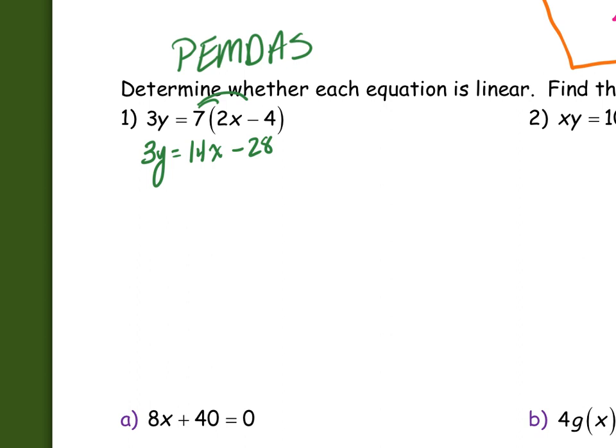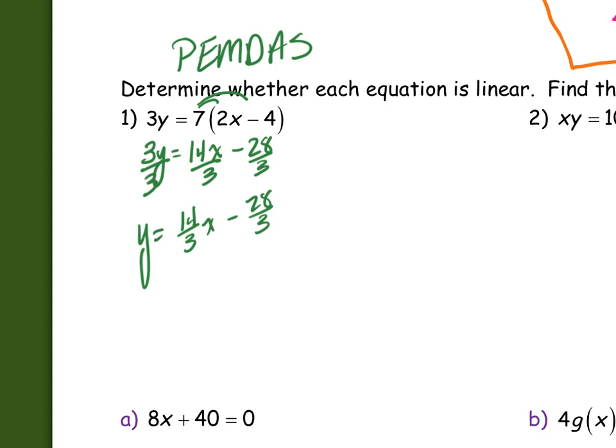Is my y by itself? No, it's not. So I do have to get rid of the 3. And how am I going to do that? Divide. Very good. So I've got y equals 14 thirds x minus 28 thirds. So glad we don't have to graph that. So is it linear or not? So the y is by itself. Good. Is the x by itself? Does it have any funky things done to the x?